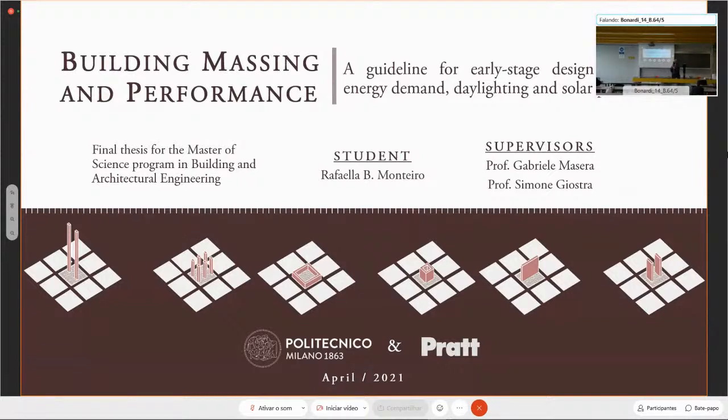We've done that on facades in the past. We've done that looking at outdoor comfort, and that's Ludovica Rossi's work that was discussed yesterday in the architecture engineering track in Lecco. And today we are looking at Rafaela's work, which is essentially about the shape of cities or shape of neighborhoods.